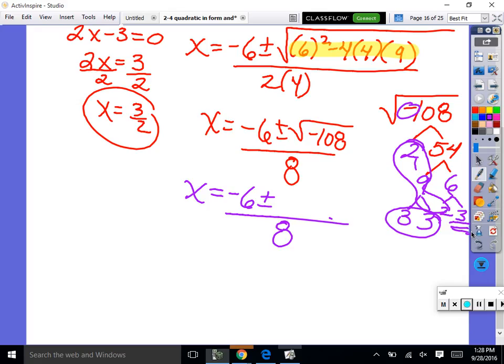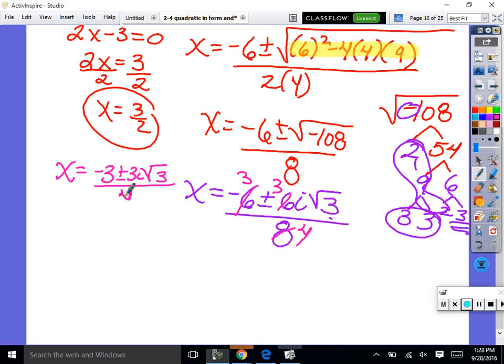There we go. Is anybody lost? So 2 times 3 is 6. We're pulling out an i, and then we're left with a square root of 3. There we go. So now all 3 things divide by 2. So this becomes a 3, a 3, and a 4. Yep, so we get x is equal to -3 plus or minus 3i square roots of 3 all over 4.